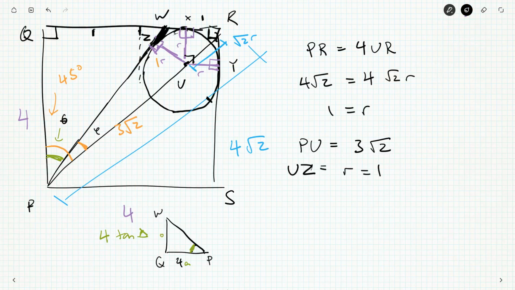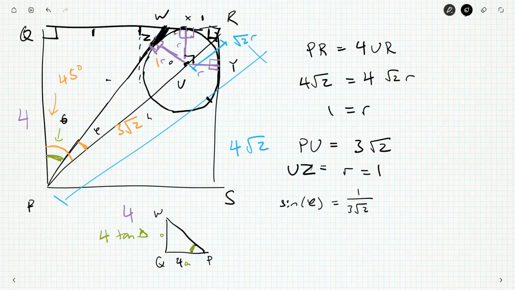So, again, doing a little trig. So this is hypotenuse. This is opposite and adjacent. So sine of phi is going to be 1 over 3 root 2. Not something I recognize, so I can't easily figure out what phi is, either in radians or degrees.